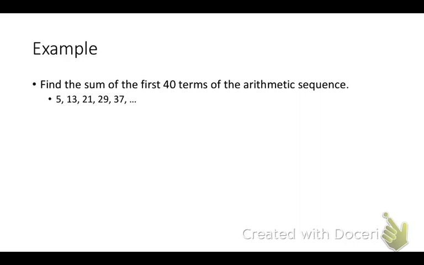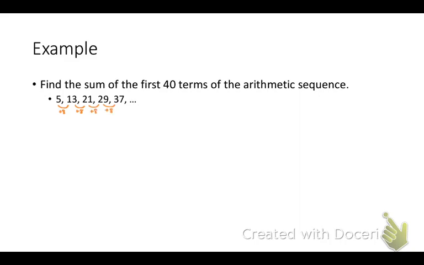Hopefully you would understand if it goes from 5 to 13, 13 to 21, 21 to 29, 29 to 37. What are we doing each time? We're adding 8. So then it's adding 8 each time.